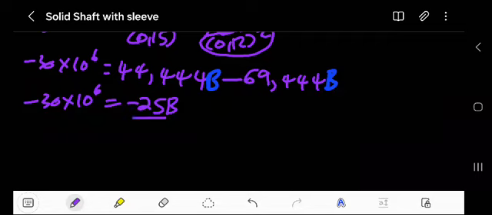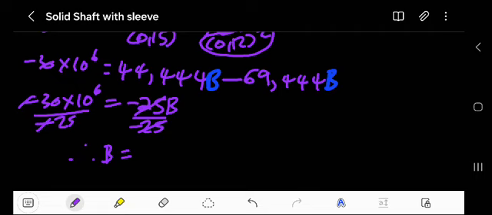Then divided by minus 25, by negative 25 on both sides. So this and this will cancel. Therefore b, if you punch that, will be 30 times 10 to the power of 6.